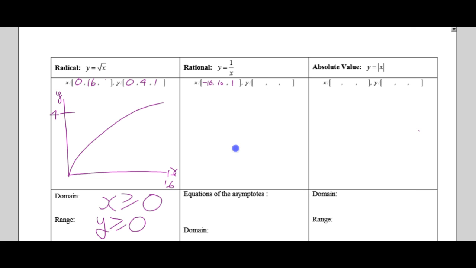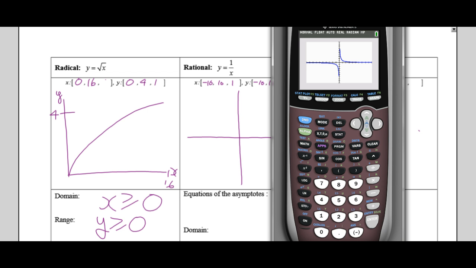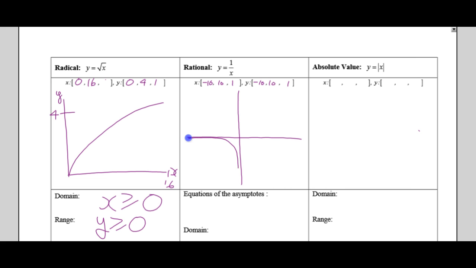Negative 10 to 10 by 1s. Negative 10 to 10 by 1s. What did that look like? So the left-hand side is doing this. Right-hand side is doing this. That's 10, that's x, that's y, that's 10, that's negative 10, that's negative 10.